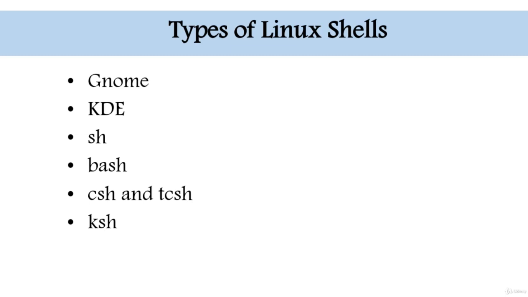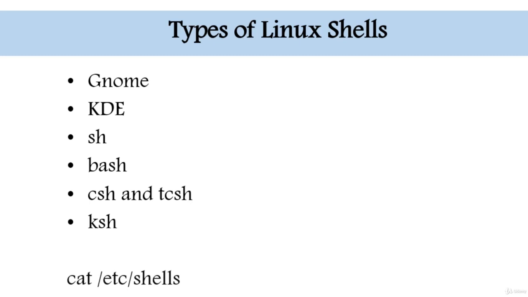Korn shell improves on Bourne shell by adding floating point arithmetic, job control, and so many other things. I don't want to confuse you right now. In the Unix environment, most of the time the Korn shell is used in Solaris, whereas in the Linux environment, most of the time the bash shell is used.